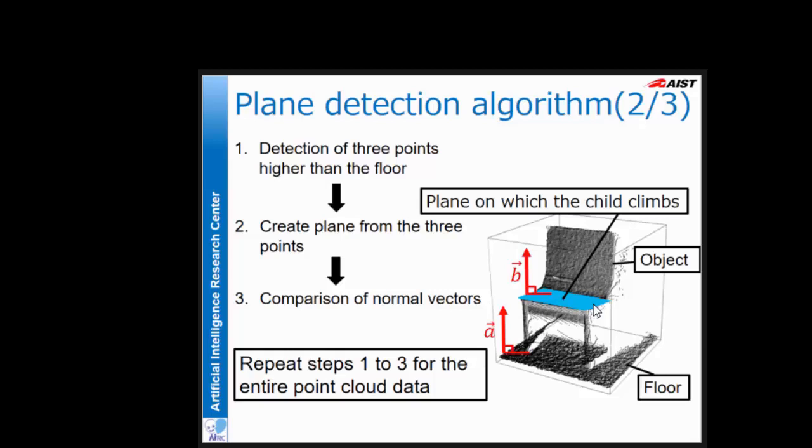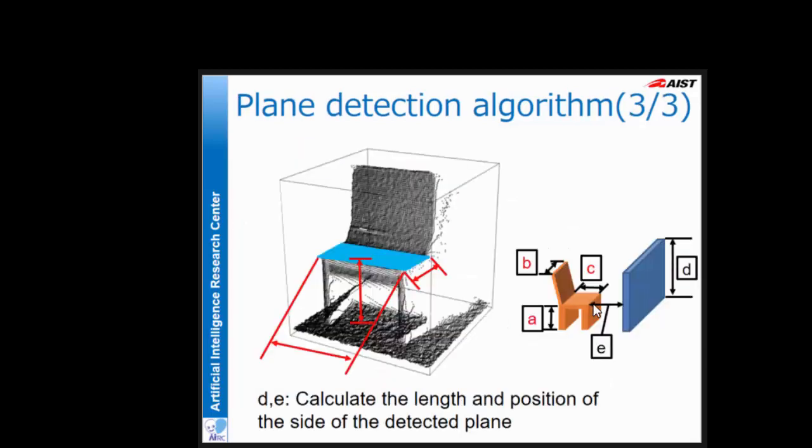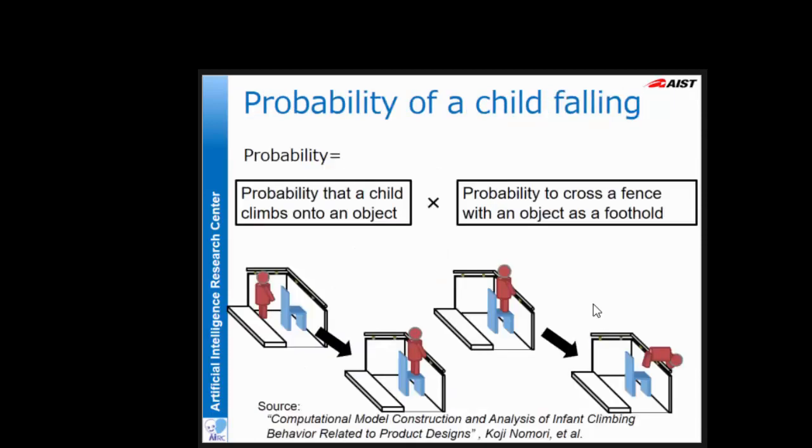Repeat this for the entire point cloud data acquired by Kinect. From the detected plane, calculate the length and position of the side of the detected plane. We calculate the probability of a child falling from these plane data.